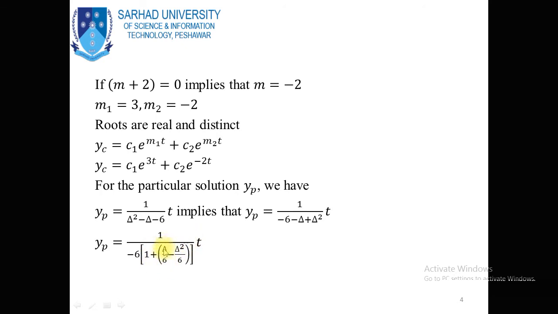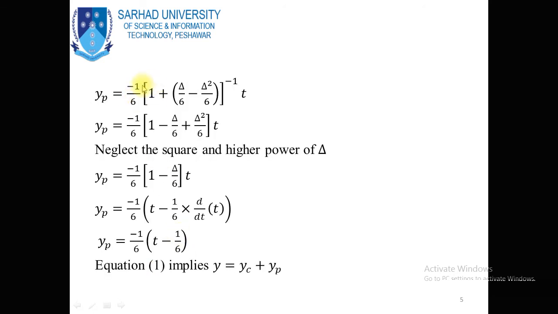Shifting this denominator term to the numerator, we obtain minus 1 over 6 into 1 plus del by 6 minus del square by 6 whole power minus 1. Applying the binomial theorem, since the power of this polynomial is 1, we need only the two terms of the binomial expansion 1 plus nx. Minus 1 over 6 into 1 minus del plus del square by 6 into t.